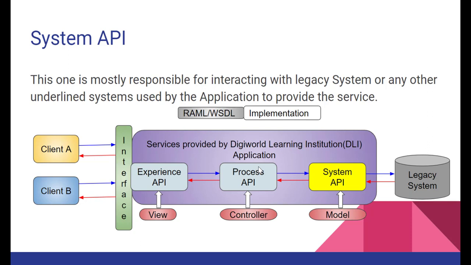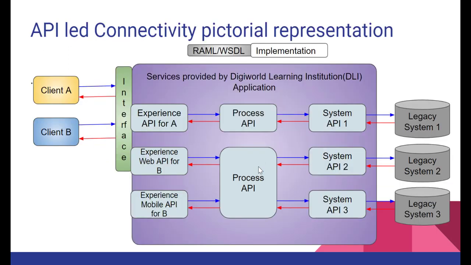In that case, a new system API might need to be created to interact with the new legacy system, and then the same data would be fetched from the new system and passed to the process API. So it is kind of that. All right. So this is the API led connectivity.